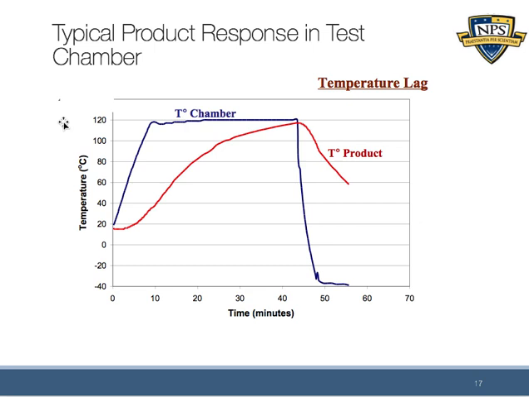If in the test chamber the product doesn't actually reach that temperature, then it's essentially all bets are off, right? So we violated the mathematics that went behind our test, and the results are no longer valid.